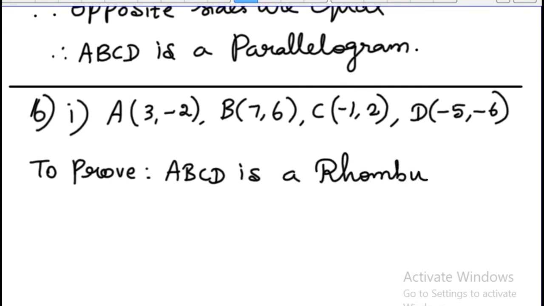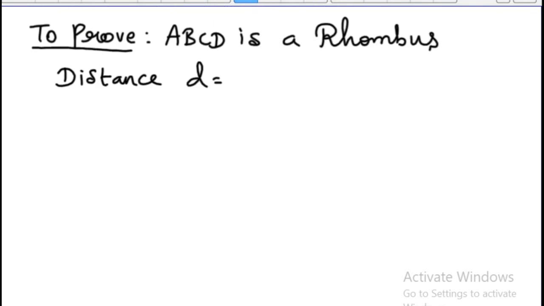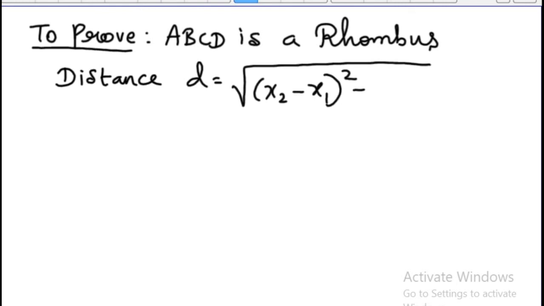Rhombus means all sides must be equal. So the distance formula: distance D is equal to root of x2 minus x1 whole square plus y2 minus y1 whole square. Again I will tell you, for each problem you must compulsorily write the formula.